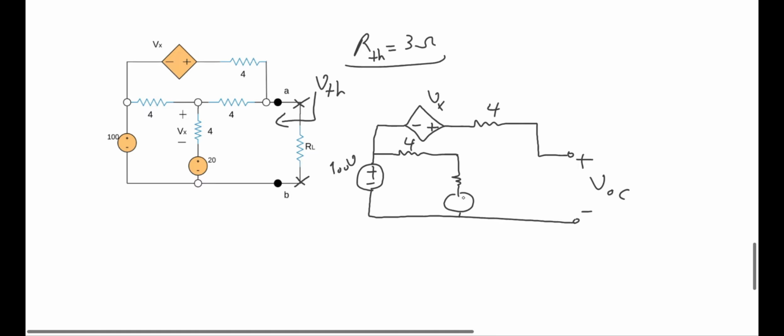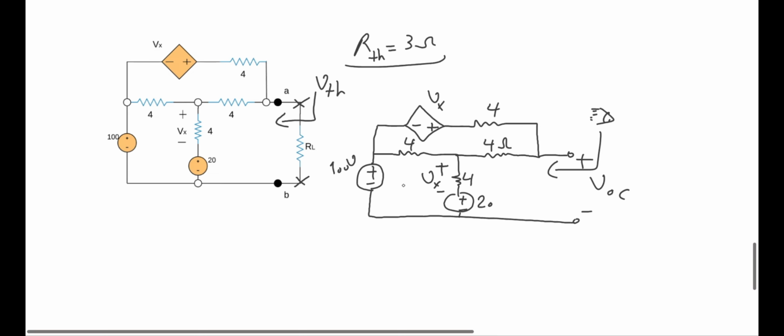And I've got 20 volts here. And this is another 4 ohms, and that's the Vx again. And another 4 ohms here. Okay. So what I need is to figure out this open circuit voltage, which is seen from my load's perspective. Okay, how can I figure it out?